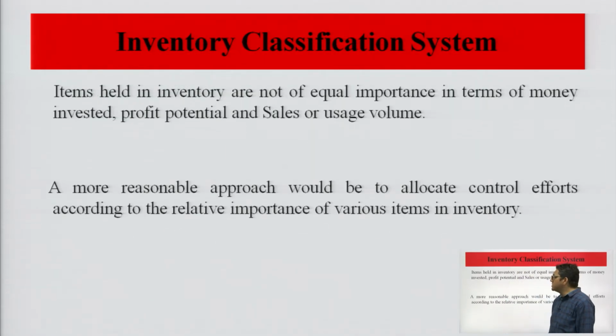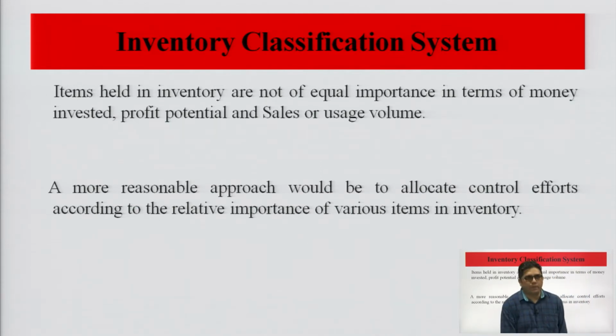Inventory classification system: items held in inventory are not of equal importance in terms of the money invested, profit potential and sales or usage volume. So, whatever items are being held in the organization, all the items are not the same in their importance. The items vary in their importance.